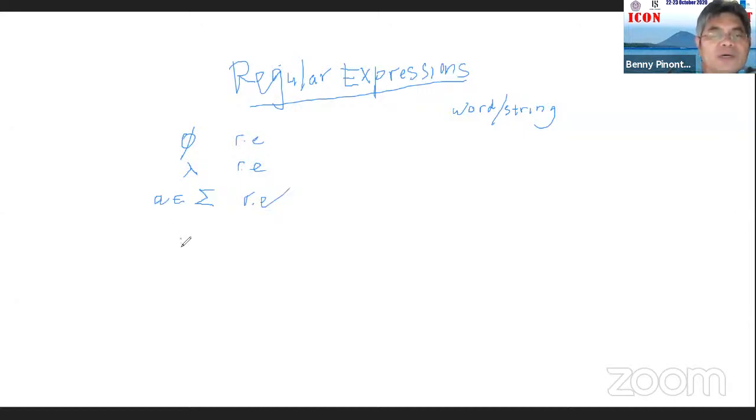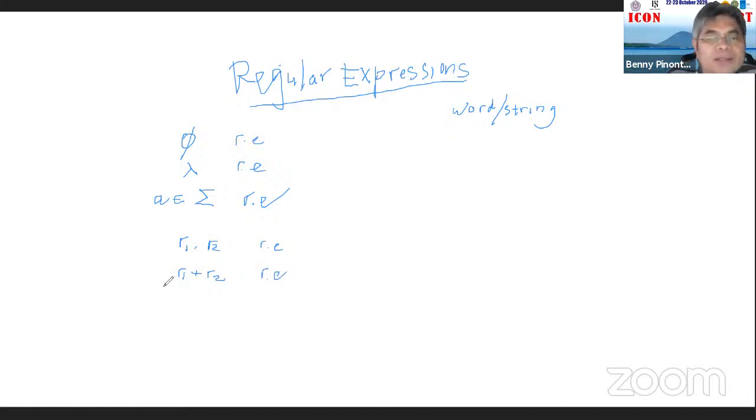And if you have regular expressions R1 and R2, then R1 dot R2 is also a regular expression. If R1 and R2 are regular expressions, then R1 plus R2 is also a regular expression.